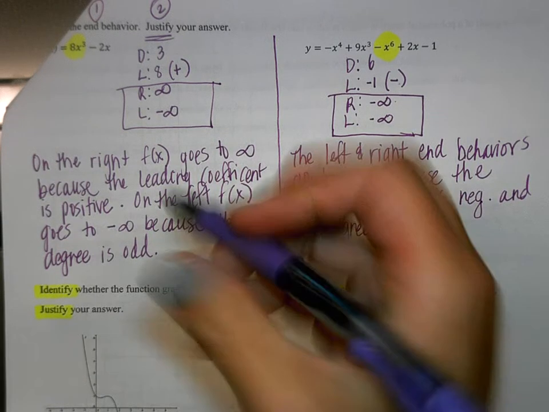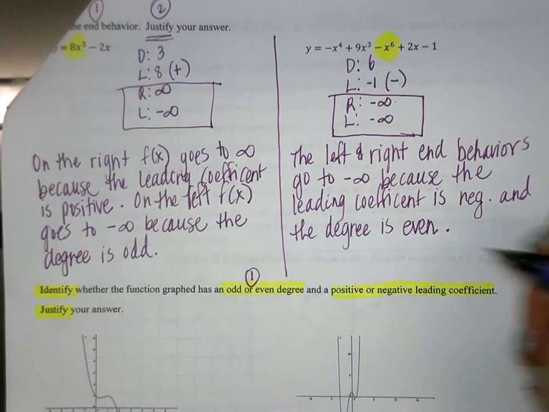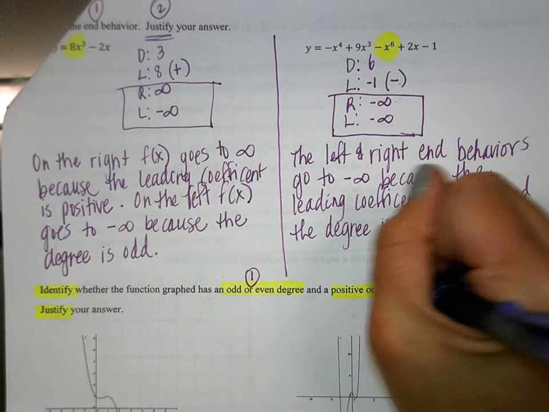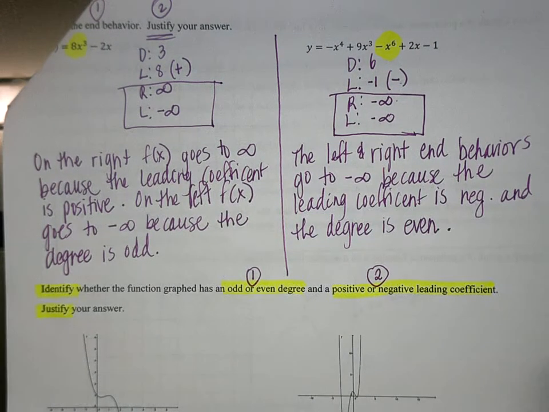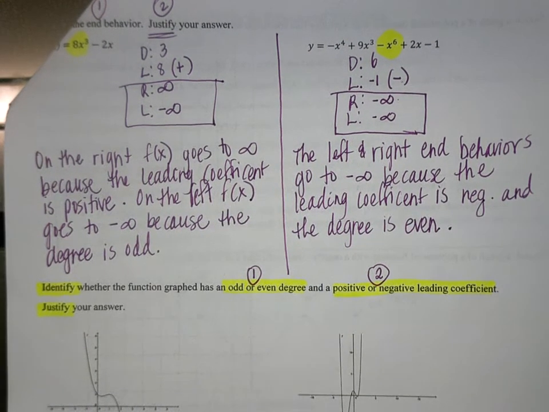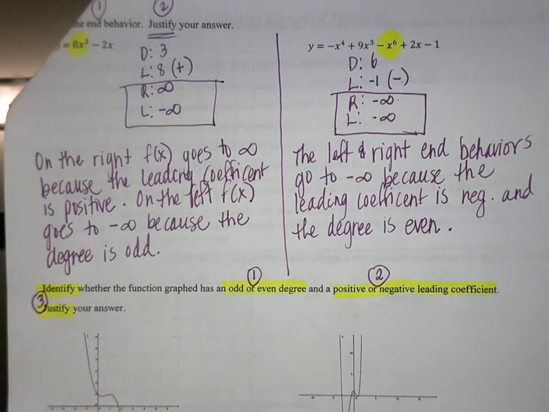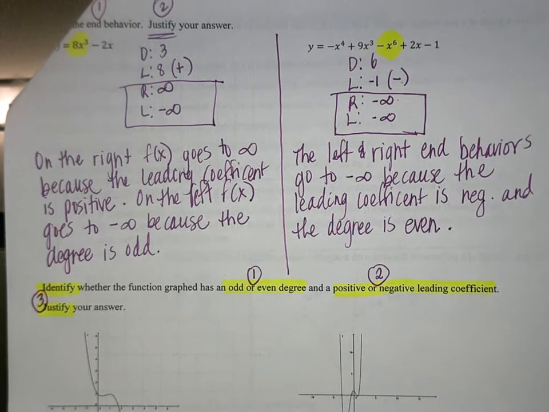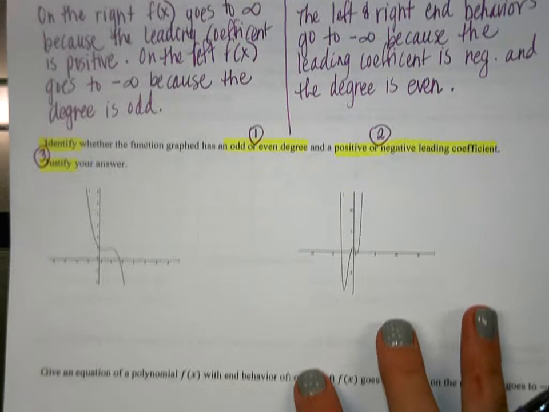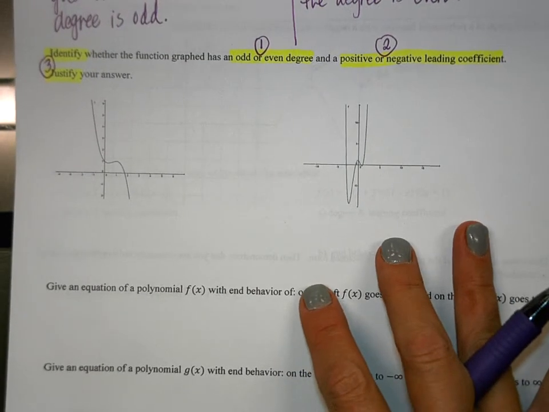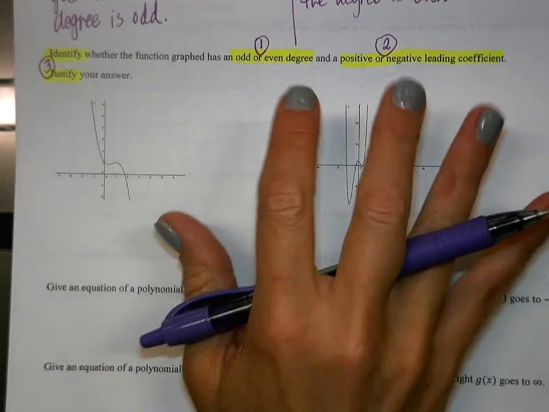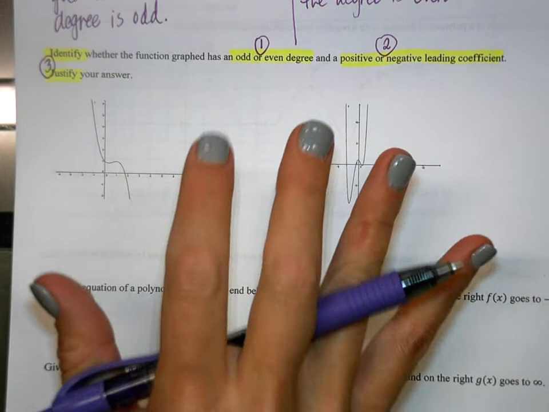So I need to identify if it's odd or even. I need to state whether the leading coefficient is positive or negative, and I need to justify. So there are 3 different things that I need to do. Okay, make sure that you're numbering and figuring out that you answer every part of the question.